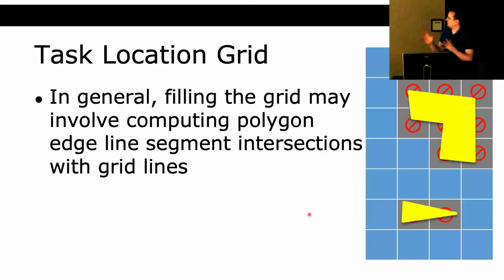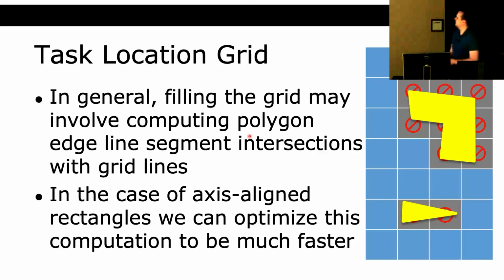So in general, like we said before, filling the grid may involve computing polygon edge line intersections with the grid lines. It might be a complex task, right? And we want to simplify things as much as we possibly can. But one of the really good cases in all of computer science is that if we can somehow represent our environment as axis-aligned rectangles.